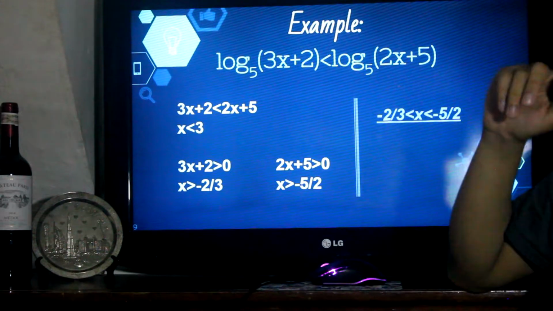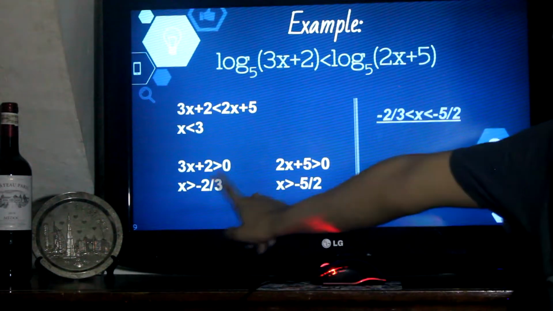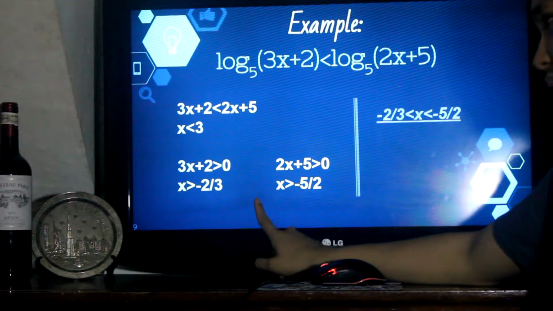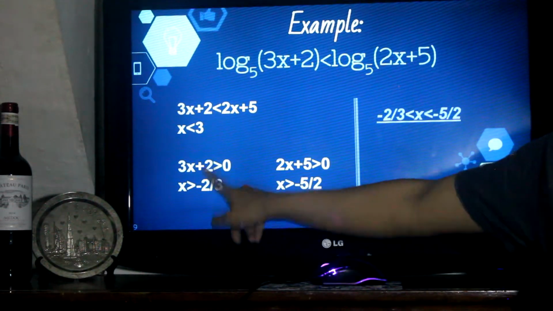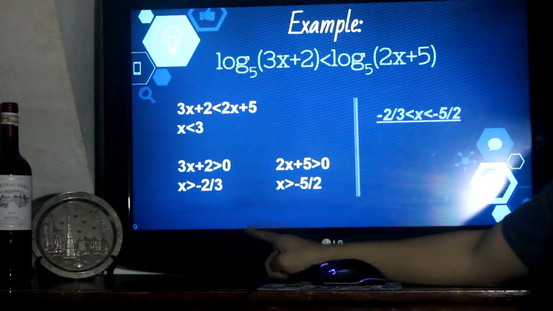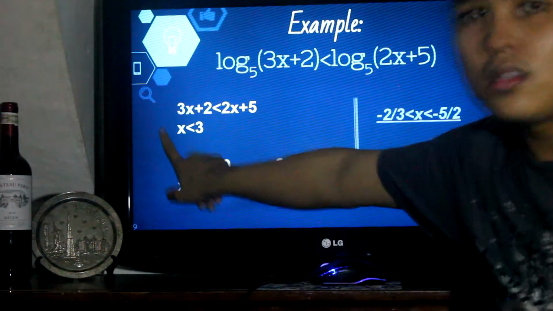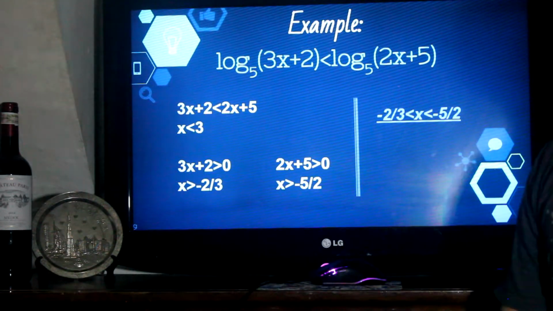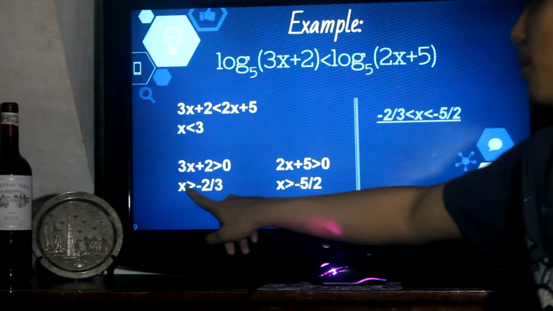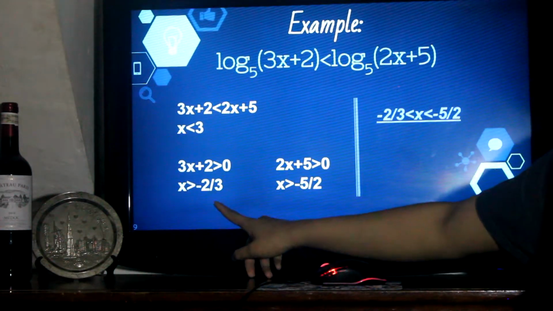So, since yun, equate natin siya sa 0. So, 3x plus 2 is equals to 0. So, tatranspose natin to. So, magiging 3x is greater than negative 2. Or, since may 3 pa dito, tatanggalin natin siya sa 3. So, magiging x is greater than negative 2 over 3.